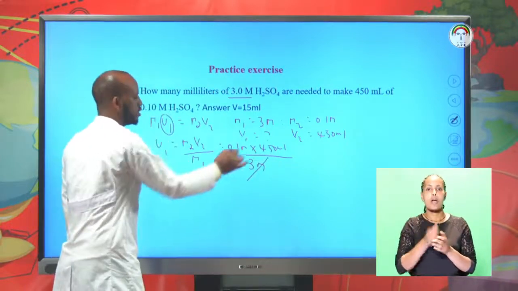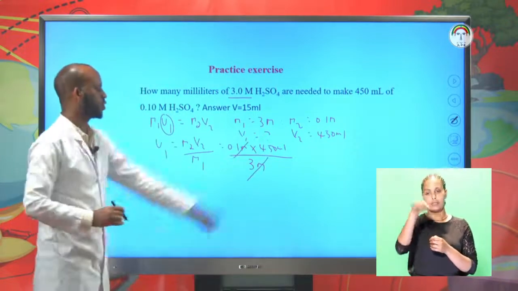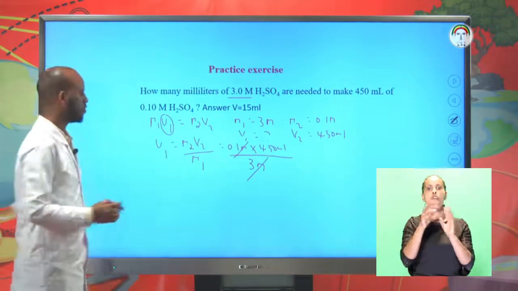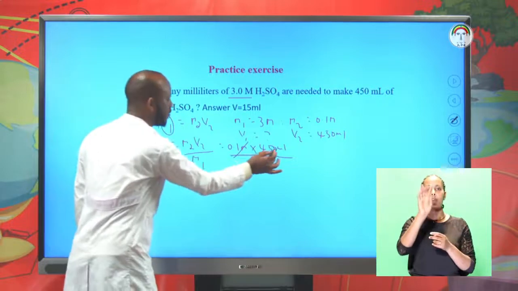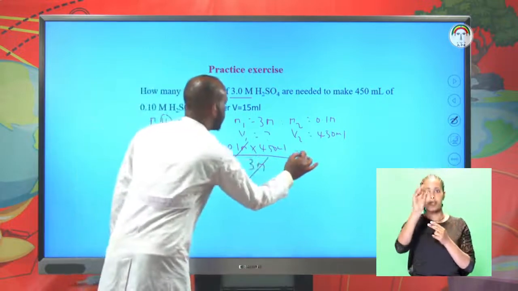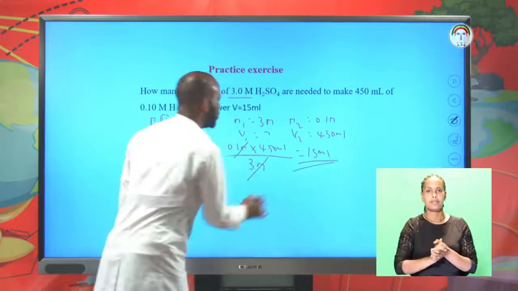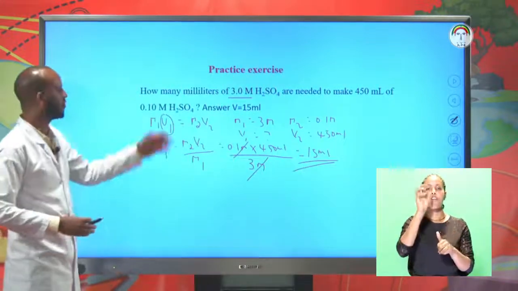Molar will be cancelled by molar. We are left with milliliter, which is the unit of volume. Therefore, 0.1 times 450 divided by 3 is 15 milliliter. This is the initial volume of the solution.